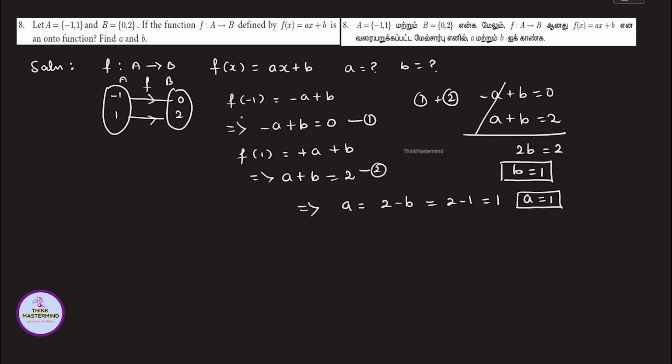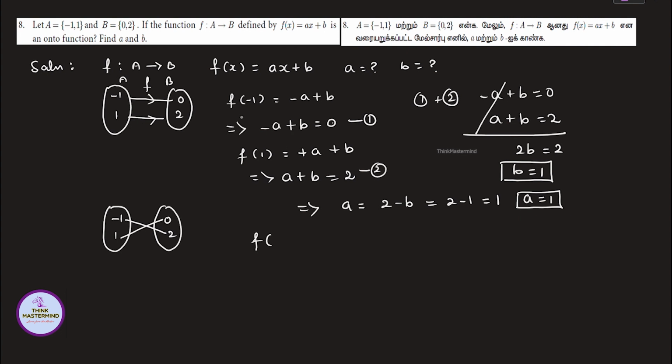So another possibility of a and b values. Suppose minus 1 and 1, and b is 0 and 2. Minus 1 is mapped with 2, plus 1 is mapped with 0.